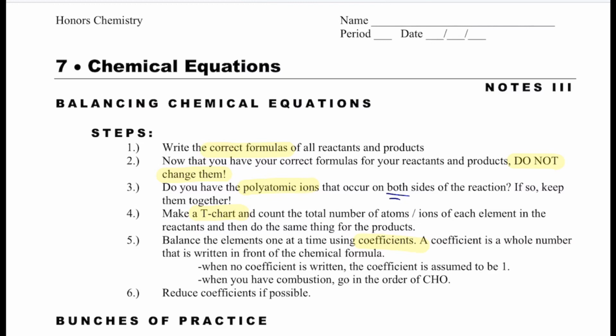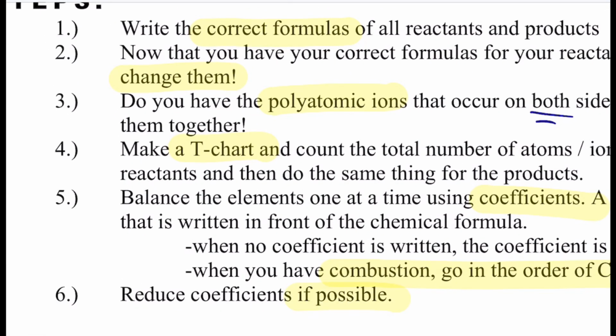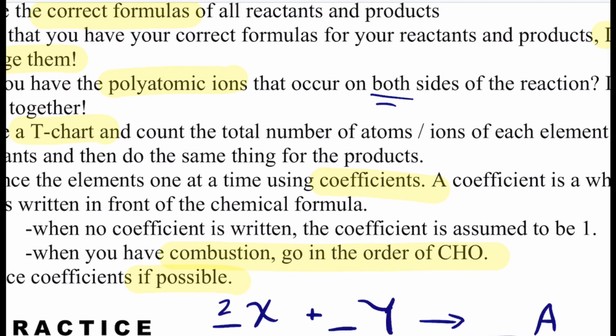And then when we have a combustion reaction, we want to go in the order of CHO. The CHO method is what I'll show you here in a couple of these examples. And then we also want to be able to reduce coefficients if possible. So for example, if we have element X plus element Y forming element A, let's say, and when I balance, I have 2, 2, and then 4.